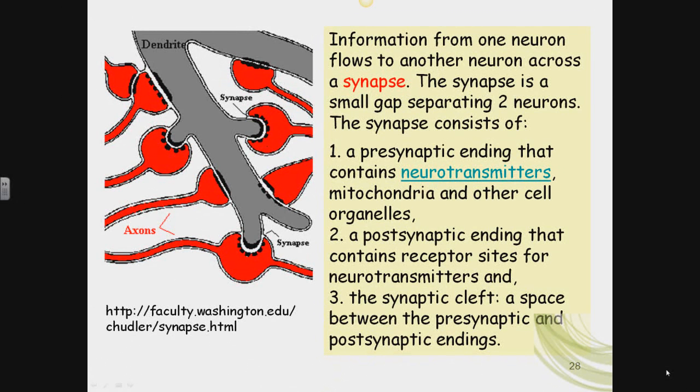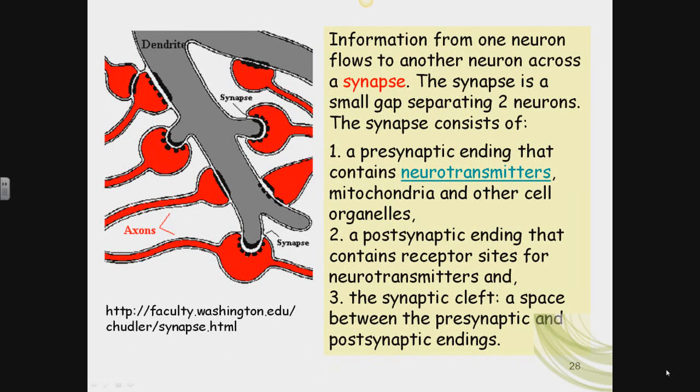Now, if you're talking about the terminal boutons shown here in red, you can see the space in between the red terminal boutons and the gray dendrite. That space is called the synapse. So the red terminal boutons are pre-synaptic. They come before the synapse. And the dendrite, well, that's part of the post-synaptic cell.